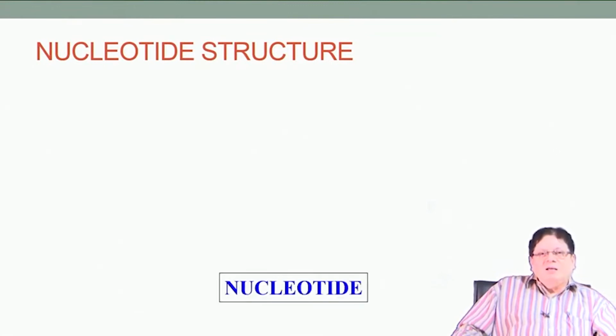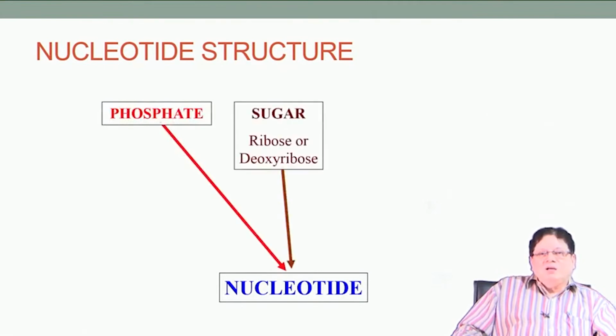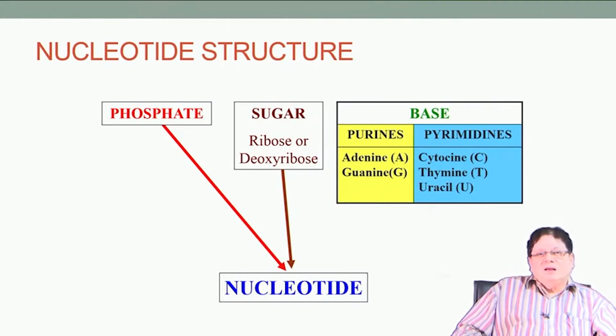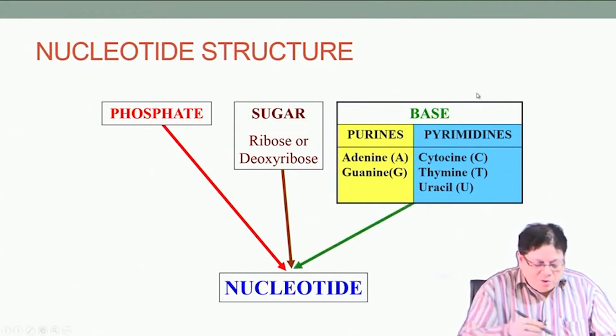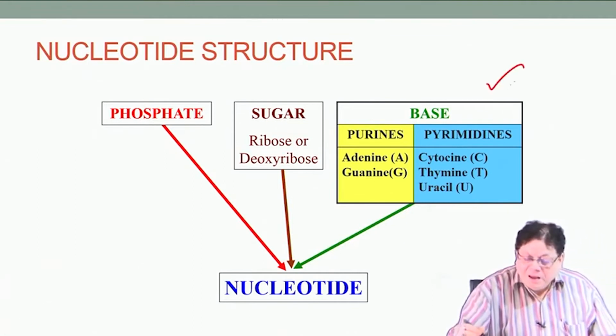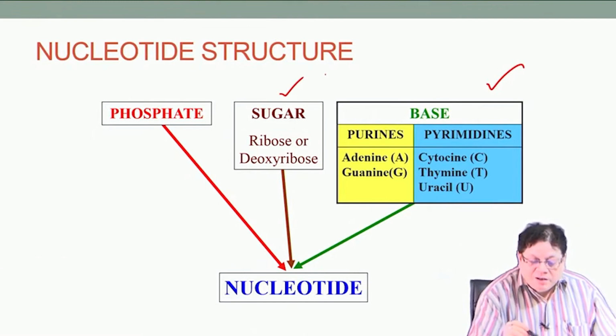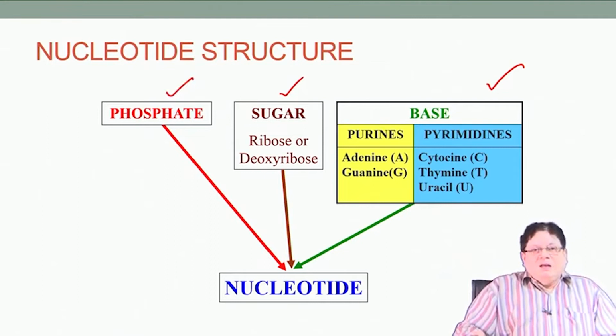Now, the question is, what is the nucleotide? The nucleotide contains a sugar, a base and a phosphate. So, you have a base here, and you have a sugar, a particular type of sugar, and a phosphate linkage.